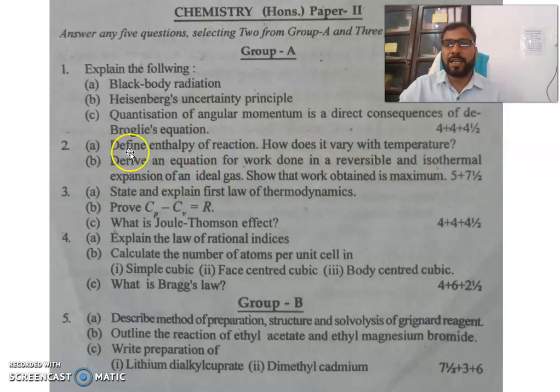If you write define enthalpy of reaction and how it varies with temperature, you will get 5 marks. And derive an equation for work done in a reversible and isothermal expansion. These questions belong to the thermodynamics of ideal gas. Then show that work obtained is maximum.